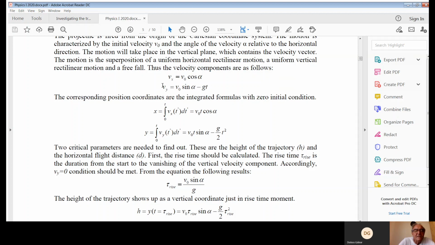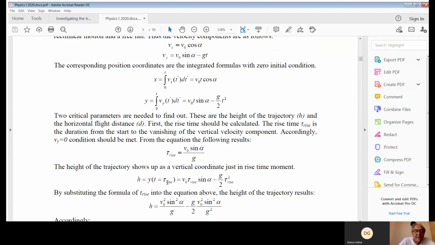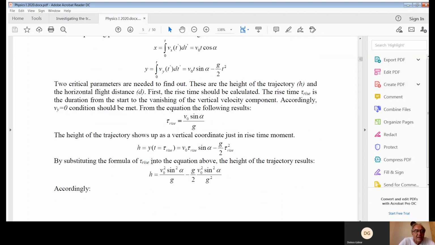The velocity is vanishing, I made a mistake. So this one here equals 0. From here, V null sine alpha over g is the rise time, okay? And now the rise time is substituted into the y coordinate, and we get how high it will be at the top.